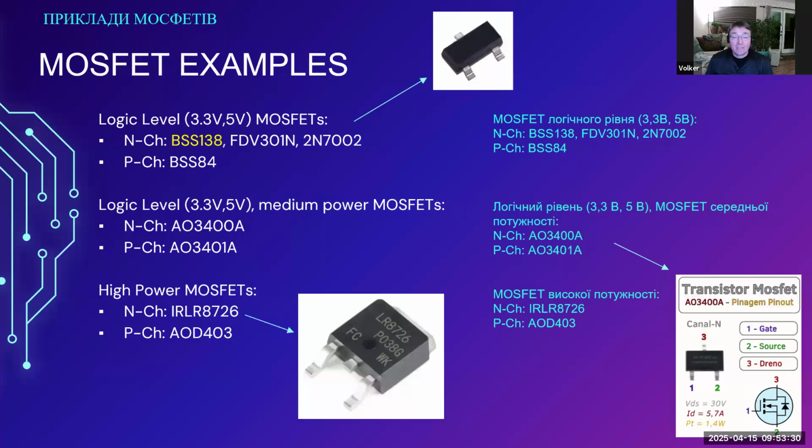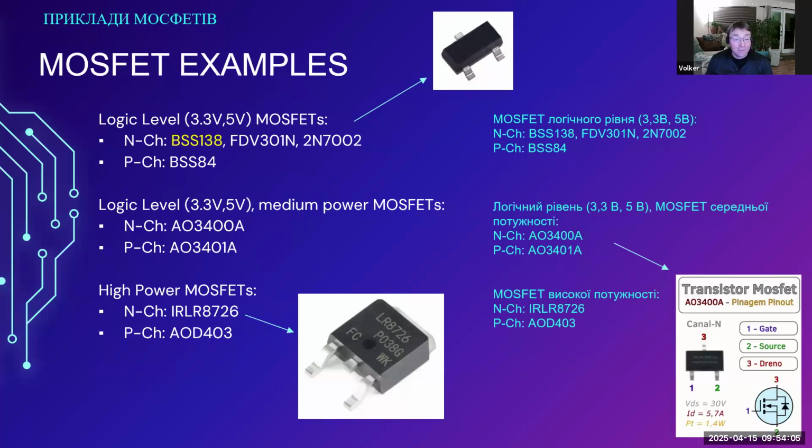These two, the IRLR, the L is for logic level, so it is a fairly low voltage MOSFET. I think the lowest RDS on, the highest power rating, the lowest on resistance is still for 10 volts of gate voltage. The AOD 403, there are other N-channel MOSFETs from the same AO, Alpha Omega company, from the same line.